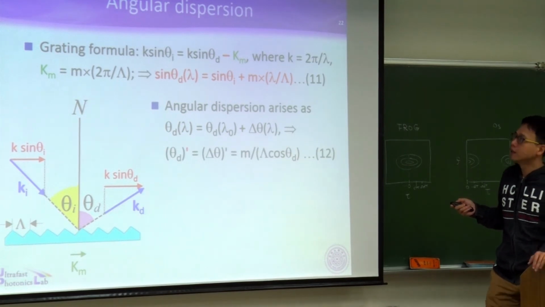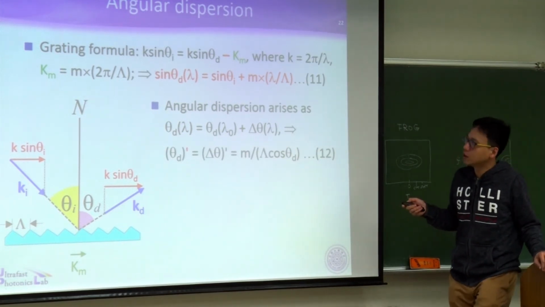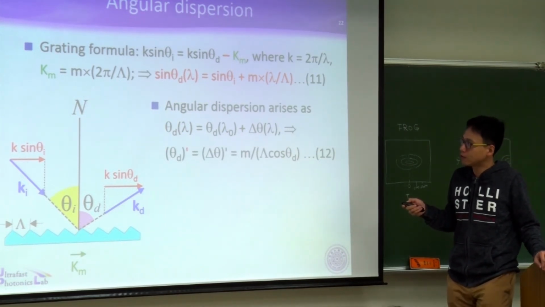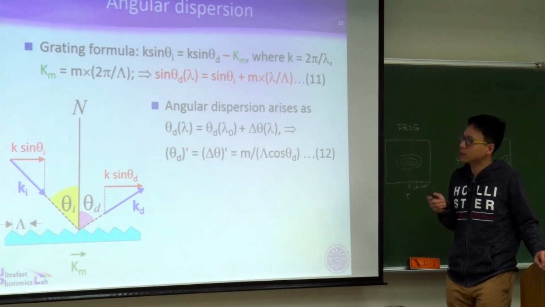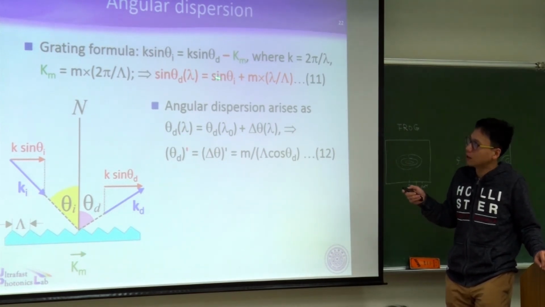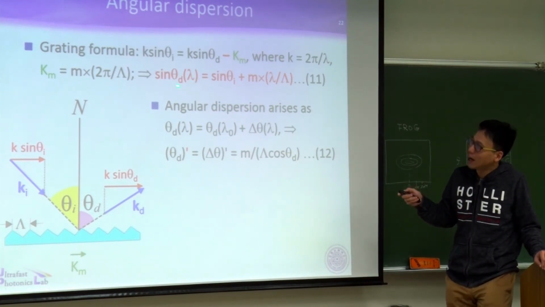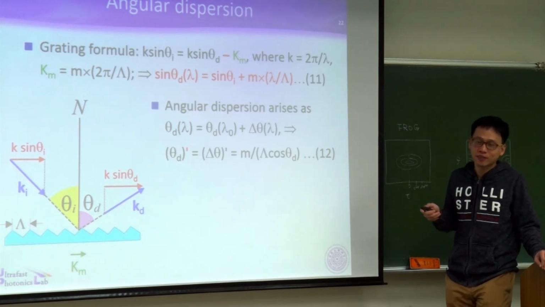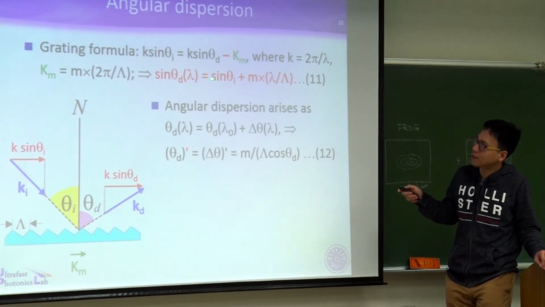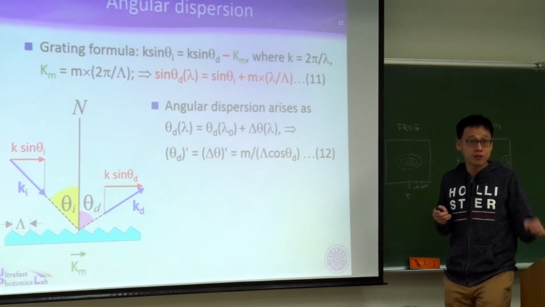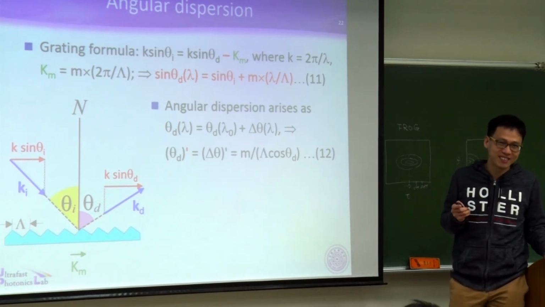If you take the first order derivative with respect to lambda for both sides of equation 11, what will happen? After the derivative, you get cosine theta d times theta d prime. How about this term? After the derivative, you get 0 because it is constant.